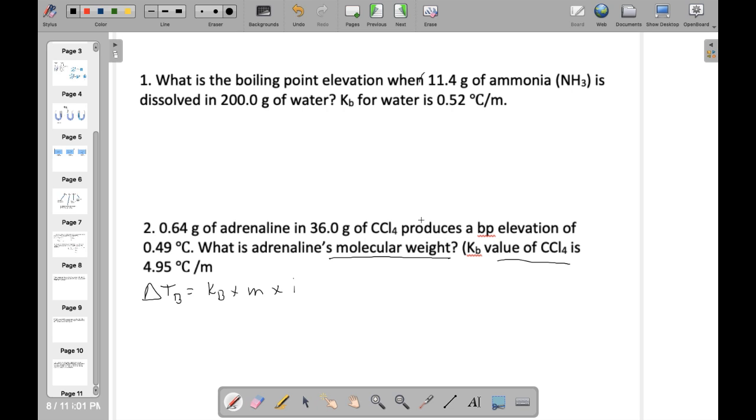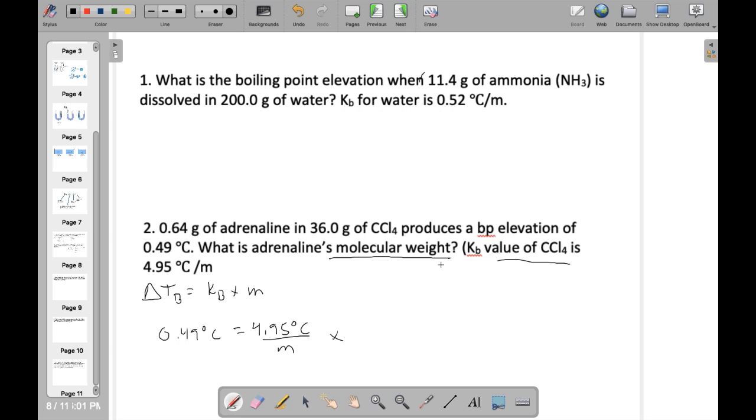And yet again, we can ignore Van't Hoff's factor because it will not dissociate. They are already giving us the boiling point elevation, which is 0.49 degrees Celsius, and they've already given us this constant here, which is 4.95 degrees Celsius per molality.